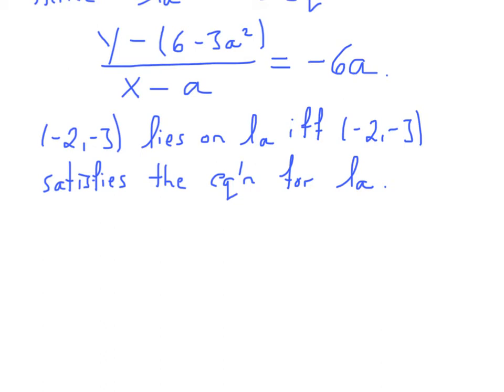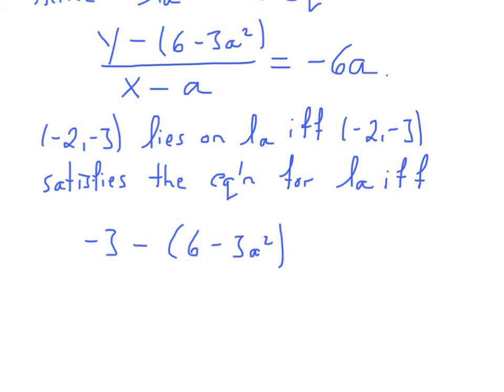Alright, so let's actually continue that sentence. (-2, -3) lies on L sub a if and only if it satisfies the equation for L sub a, and that's true if and only if, replacing y, as we said, by -3. I just replaced the y up here by -3, and now I'm going to replace the x by -2.